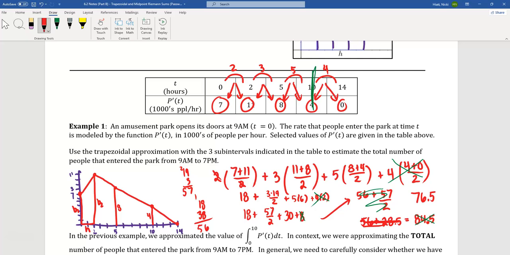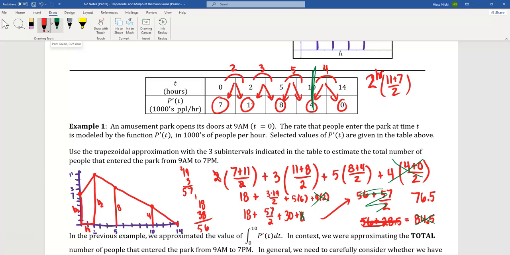Now we need to think about what that means, right? Think about your units. You were taking your 2 right here, and multiplying the 2 by the average of the bases. 2 was in hours.